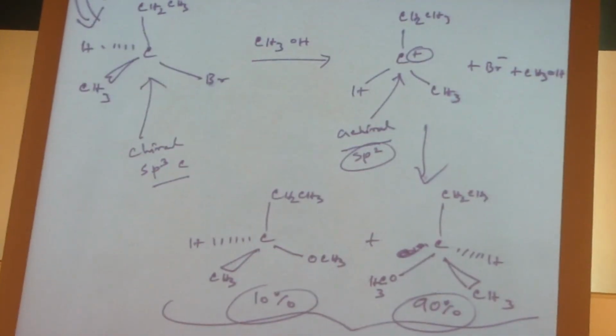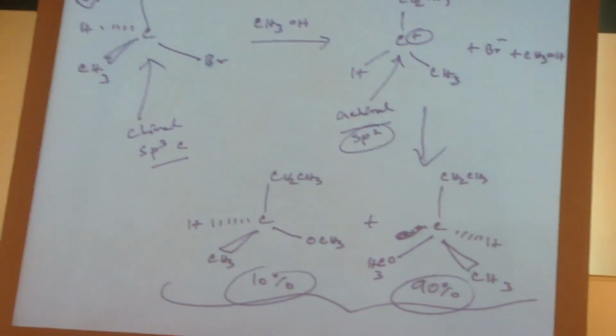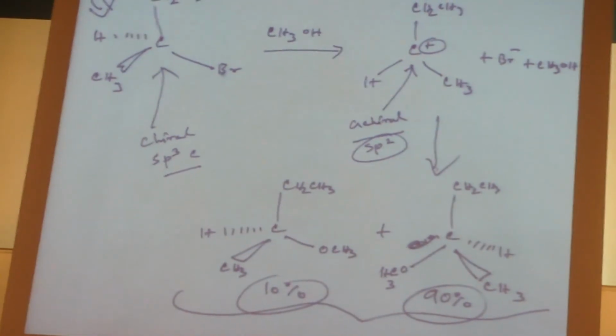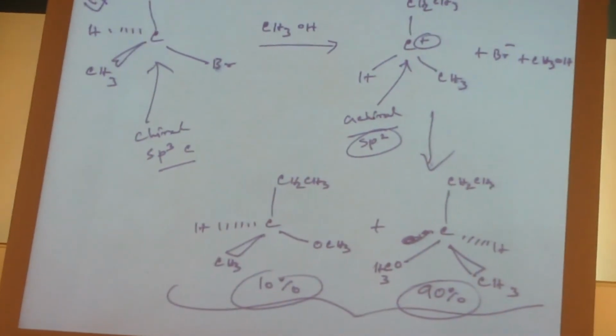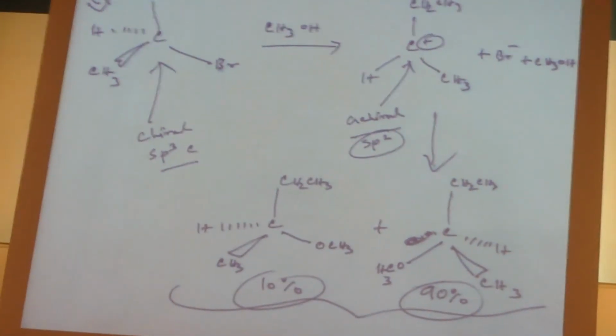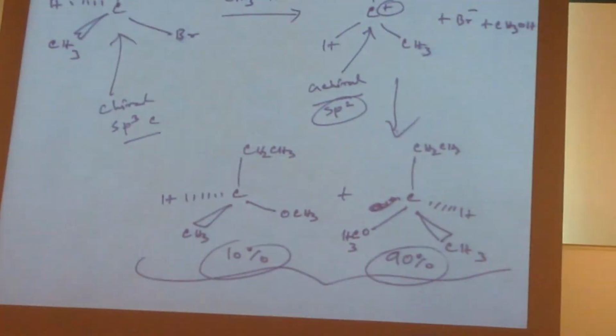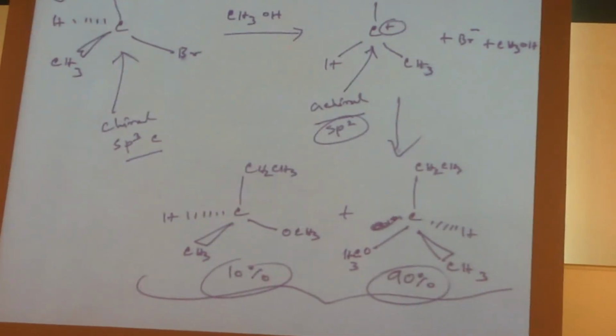So the SN1 is a significantly more complicated situation where we generate an ion pair, and because the ion pair is not completely dissociated, and it is also related to the lifetime of the carbocation that is formed, we get a partially inverted product.